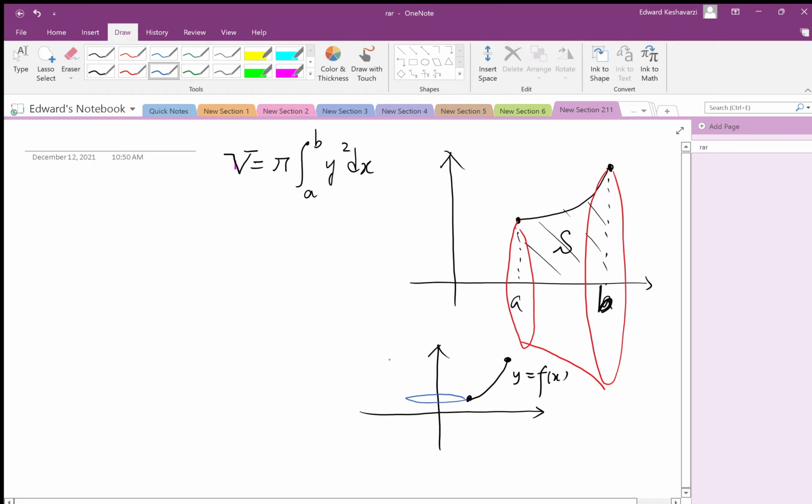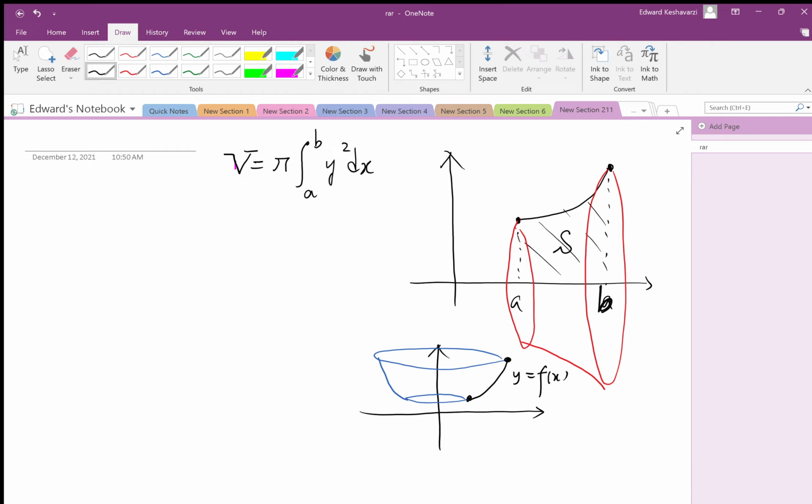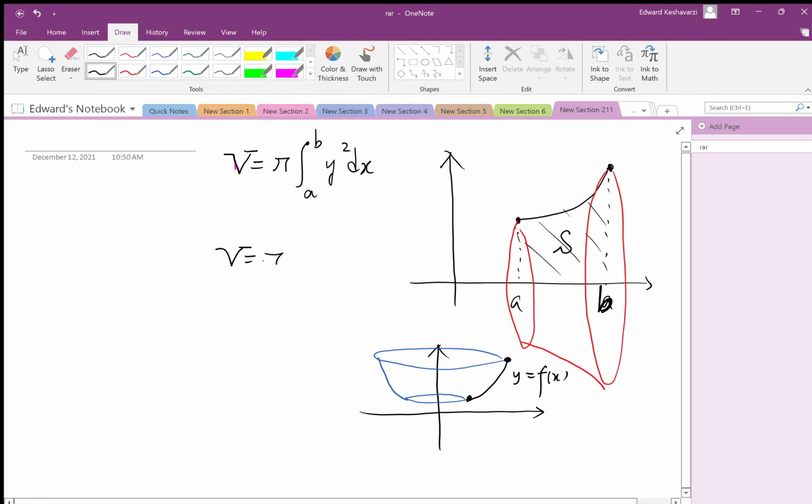So we expect such like solid, like a bowl. So the formula in this case would be v equals pi integral from c to d x squared dy.